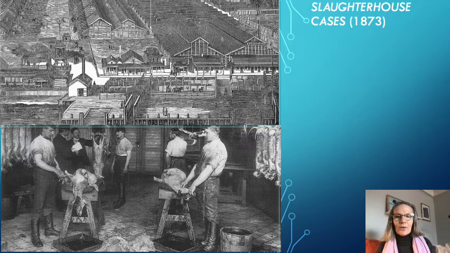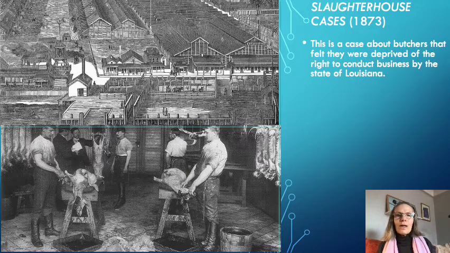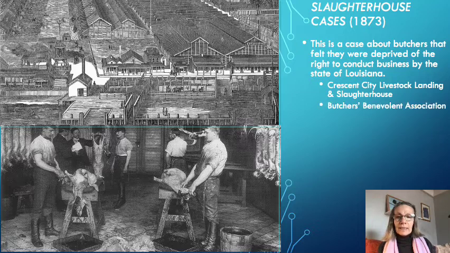And so, this is a case about how the state, not the state of New Orleans, but the state of Louisiana, in order to address these unsanitary conditions, passed a law that created this monopoly slaughterhouse, called the Crescent City Livestock Landing and Slaughterhouse.